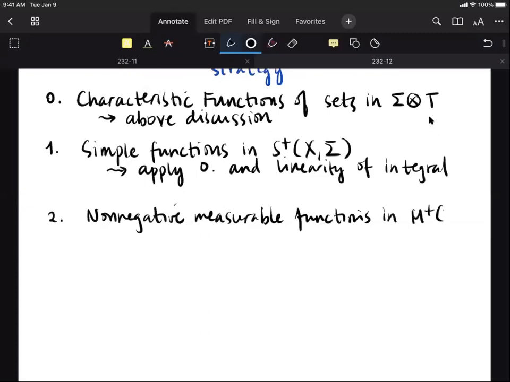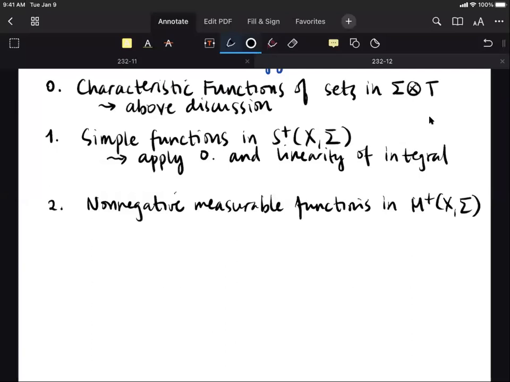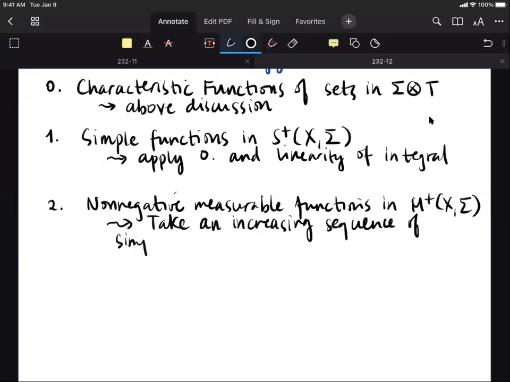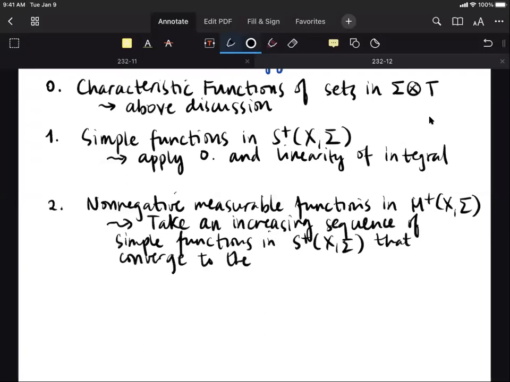So in other words, in this class, you take an increasing sequence of simple functions in S plus that converge to the non-negative measurable function.